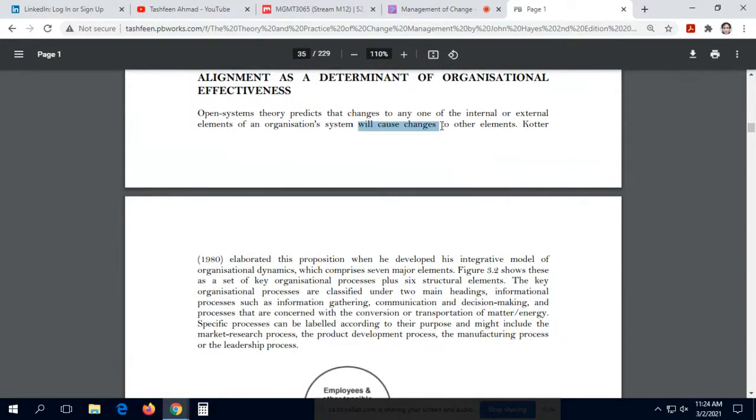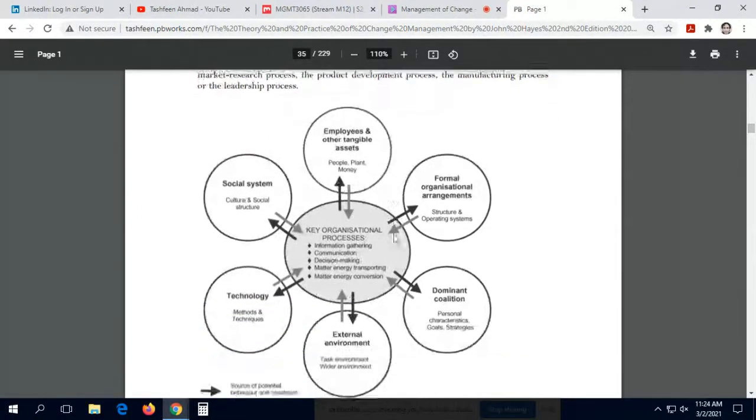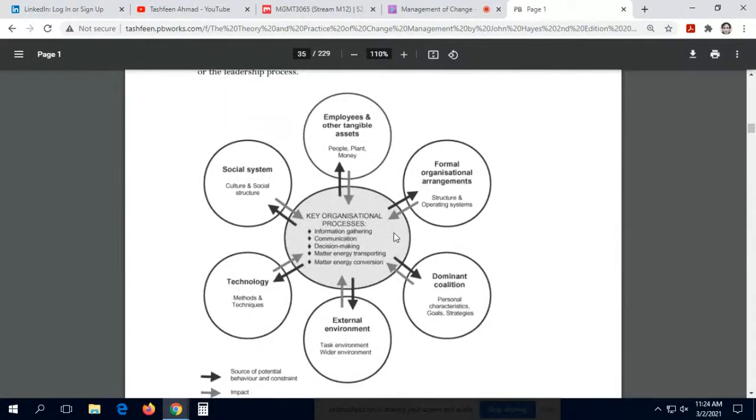Look at this, they said it will cause changes to other elements. But I am saying it may. Depending on various situations, it would have impact. Sometimes it is very negligible, sometimes it is big. So before making a change, you need to think about all of these things.